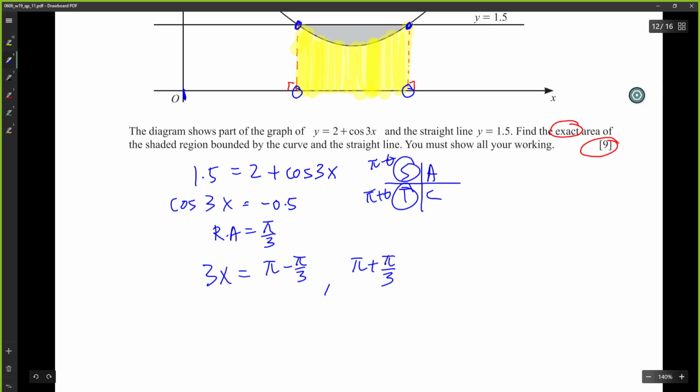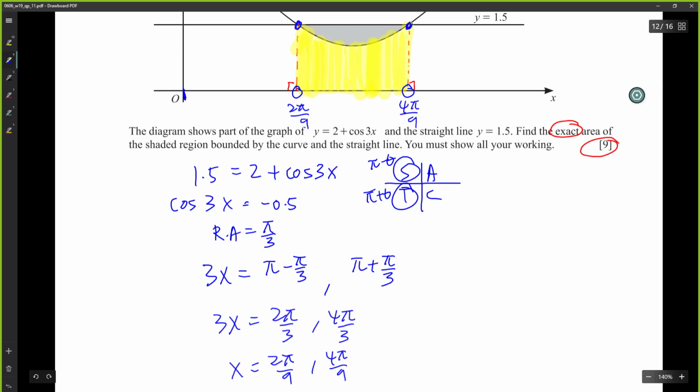So 3x equals 2 pi over 3 and 4 pi over 3. So x will become 2 pi over 9 and 4 pi over 9. Like this, you already get your two values, 2 pi over 9 and 4 pi over 9.